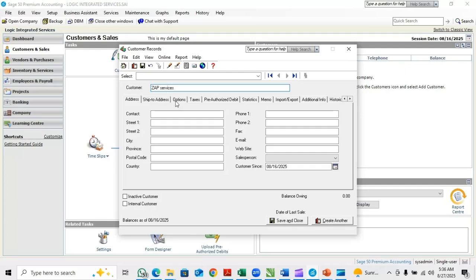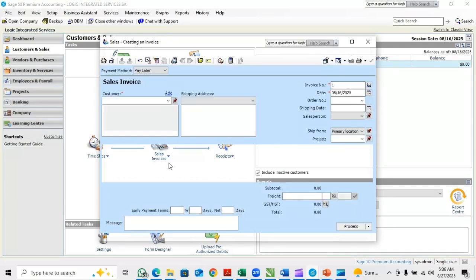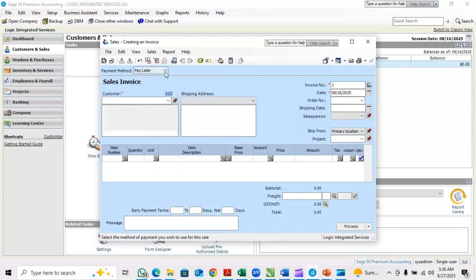SAP Services is the name of the customer, and they paid Logic Integrated Partners 32,000 for a job completed. So we're going to create an invoice.